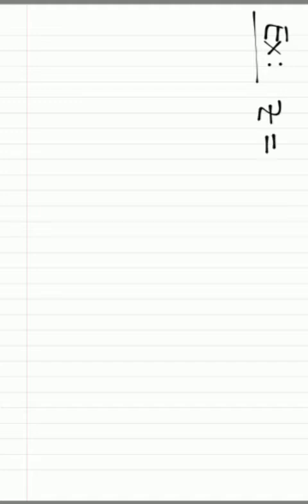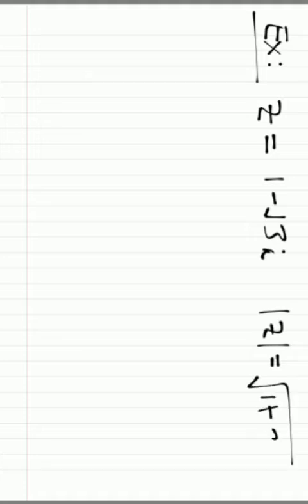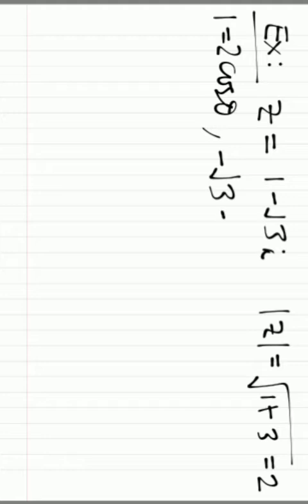Suppose we take this number 1 minus root 3 i. So first of all we will find the modulus, and that is root of 1 plus 3, that is 2. So we can write it here like this: 1 is equal to 2 cos theta and minus root 3, this is the imaginary part, is equal to 2 sine theta.